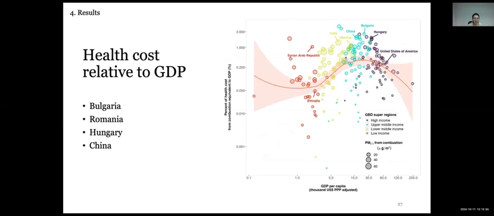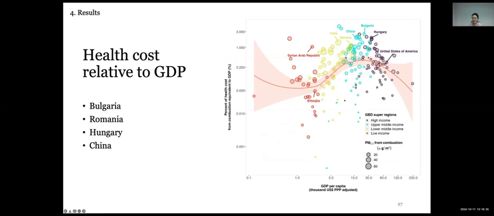And then we also standardize the health cost relative to the GDP. Here, the y-axis is the percentage of health costs from combustion sources relative to the national GDP. You can consider it as the percentage of health costs relative to each dollar of GDP earned in the country. And the x-axis is the GDP per capita.